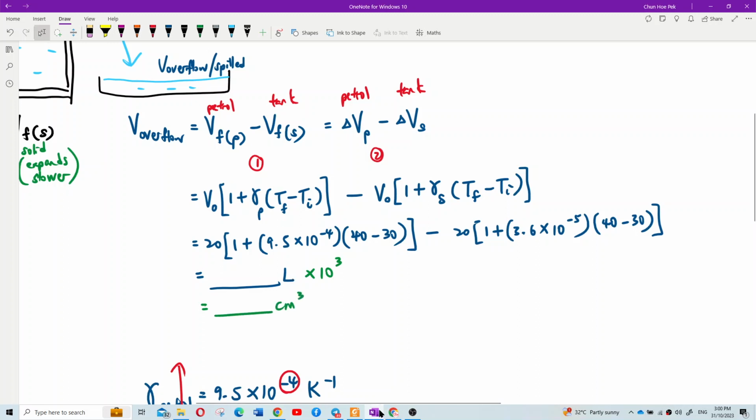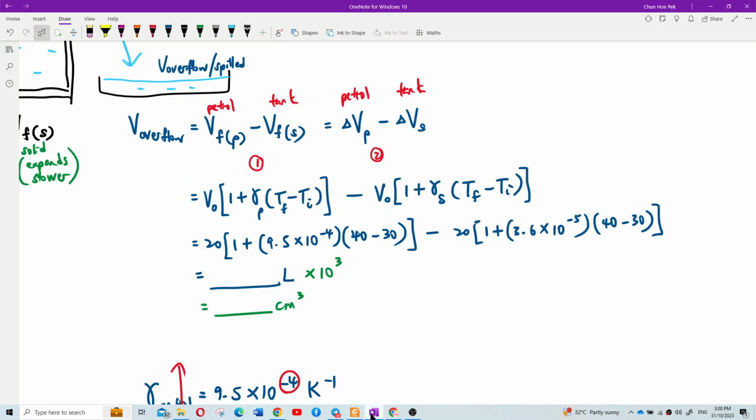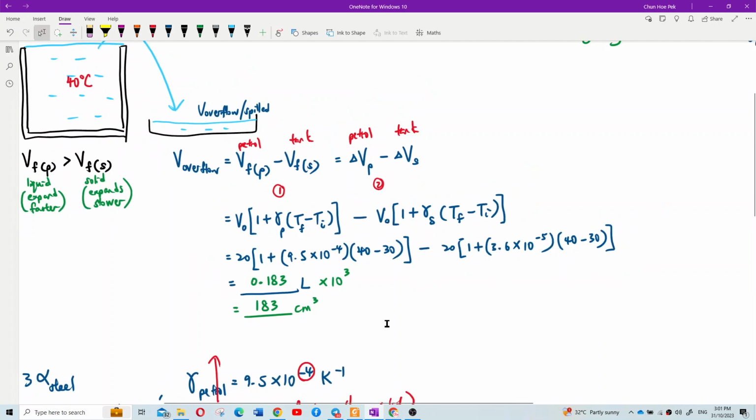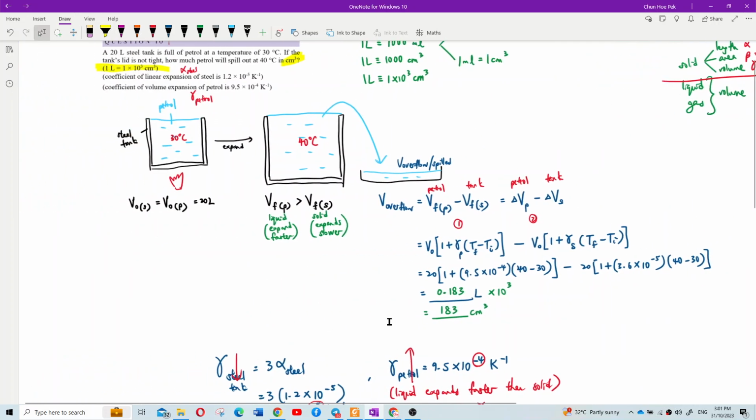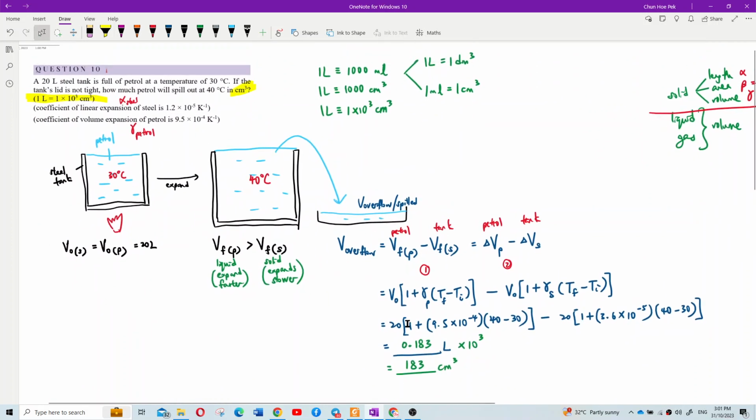The answer is 183. So that means this one should be 0.183 liter. Do you get 0.183 liter, class? Then multiply by 10^3, you get cm cube. Okay, so that's the way to do question 10. How is it, class? You understand, class?